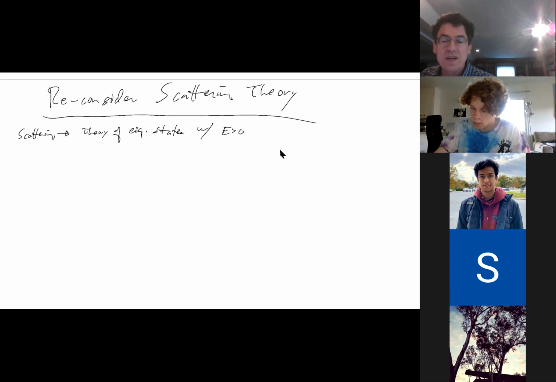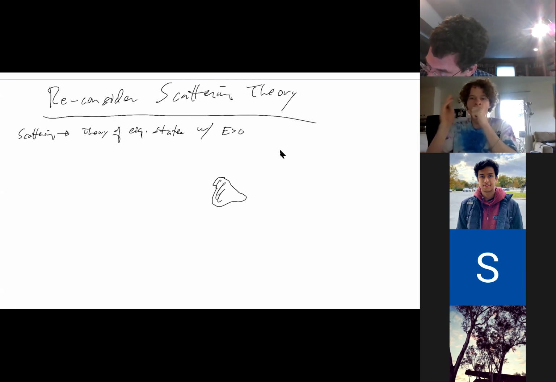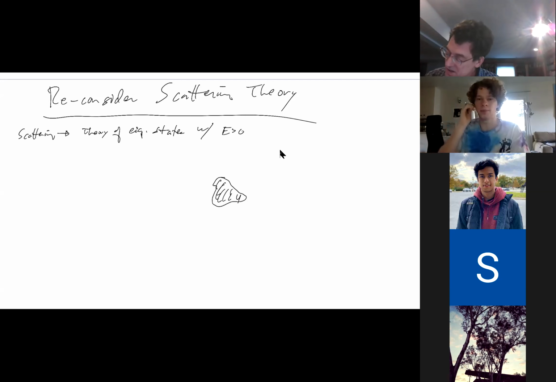And so what we have to do is think about what these eigenstates are doing. So if I have some weird potential, where my potential has some weird shape and symmetry, not necessarily a hard ball or something, but just some weird random potential.